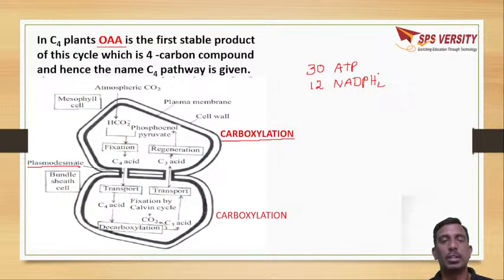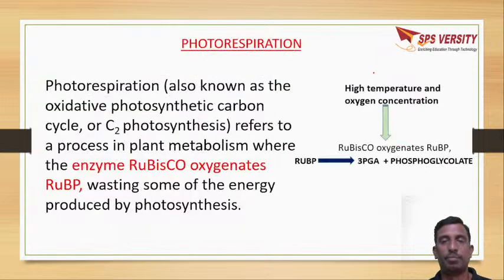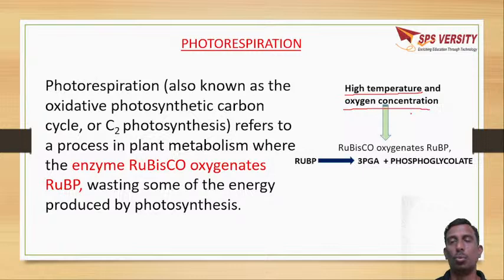लेकिन C3 में वो adaptation नहीं है. C3 में रुबिस्को रहता, रुबिस्को में carboxylase और oxygenase रहता. So when there is high temperature and high oxygen concentration, in rubisco oxygenase is activated. So oxygenase activated हो तो 3-PGA and phosphoglycolate form होता है.